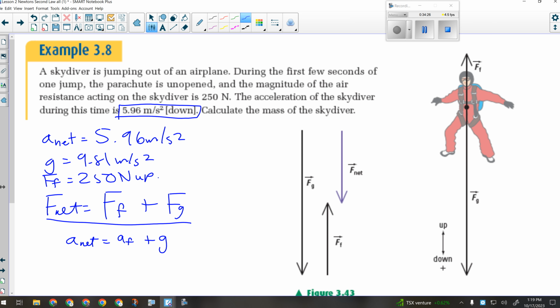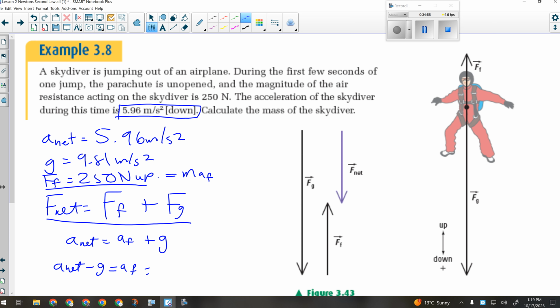Since this is true, this is also true. The net acceleration is equal to the acceleration due to friction plus the acceleration due to gravity. Since I know the force of friction, I also know that that is mass times the acceleration due to friction. Now, if I want to calculate that acceleration due to friction, I just subtract g from both sides. So I've got acceleration net minus g equals the acceleration due to friction.